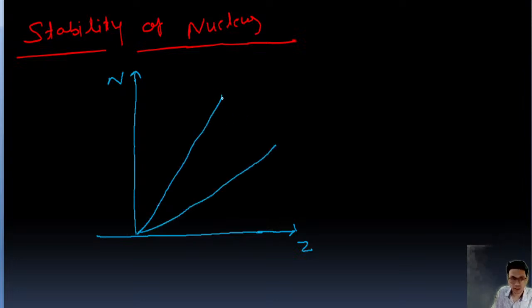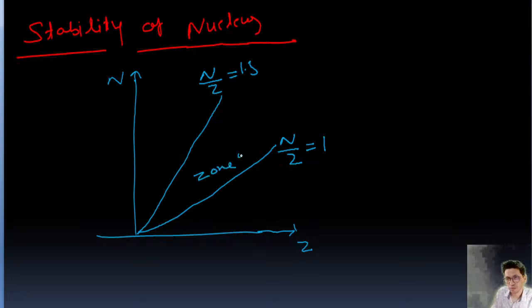Okay, these are straight lines, and this is N by Z, and this is N by Z. So N by Z is 1, and this is N by Z equal to 1. This is the zone of stability.